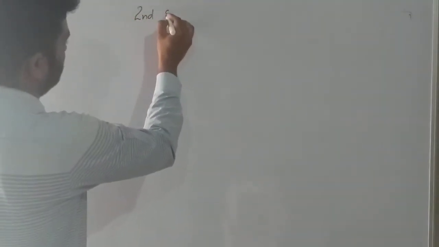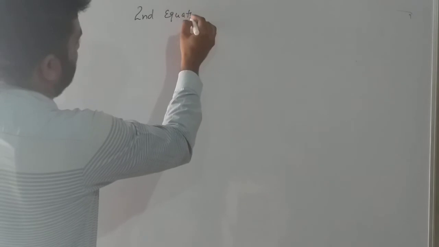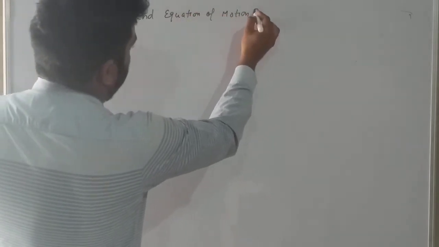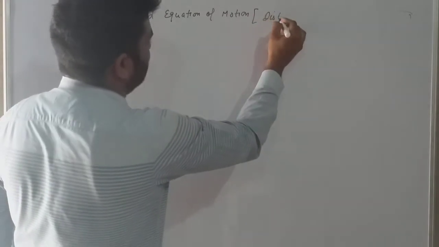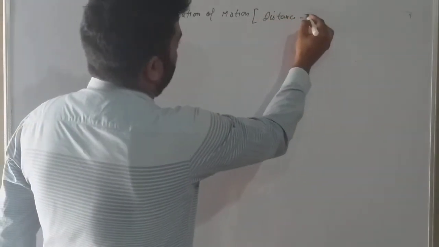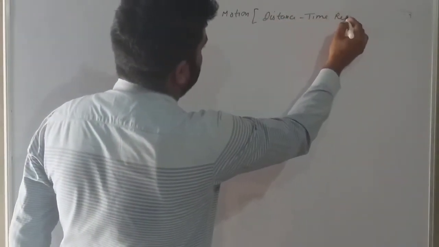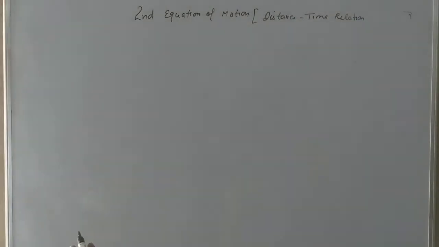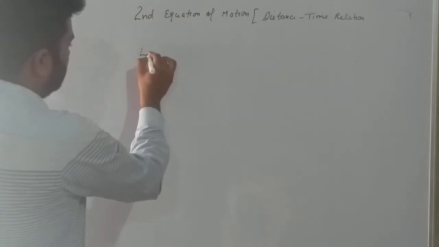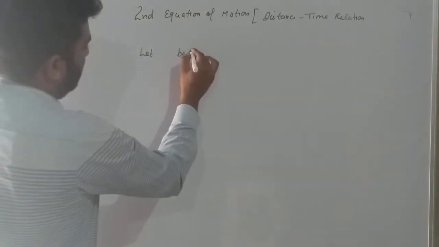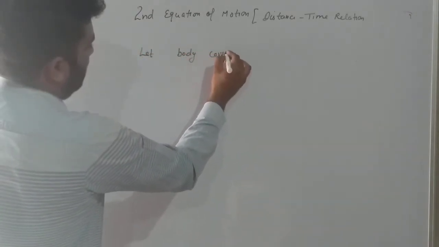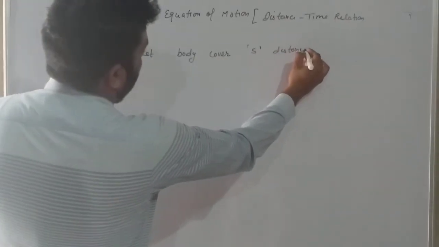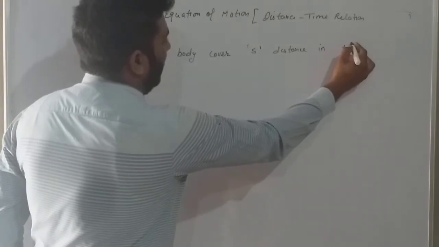Second equation of motion is known as distance time relation. From here, let body cover s distance in t time.